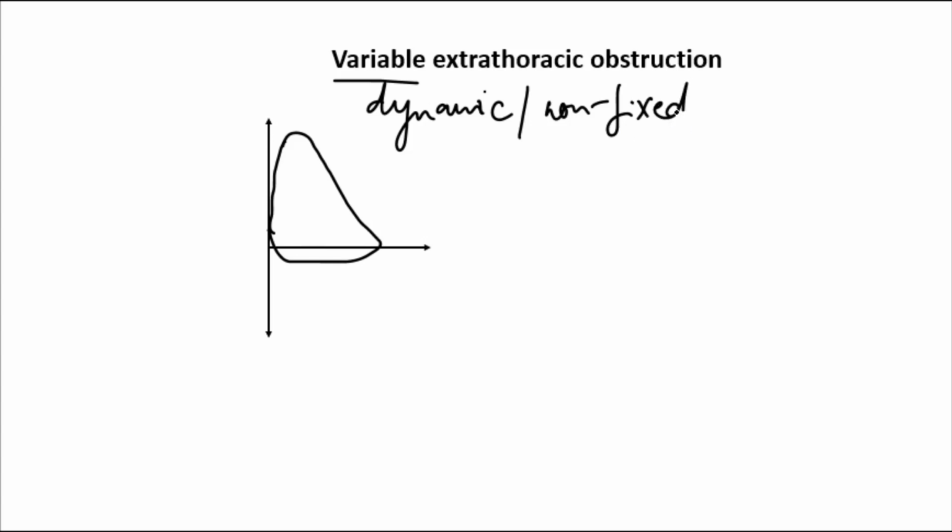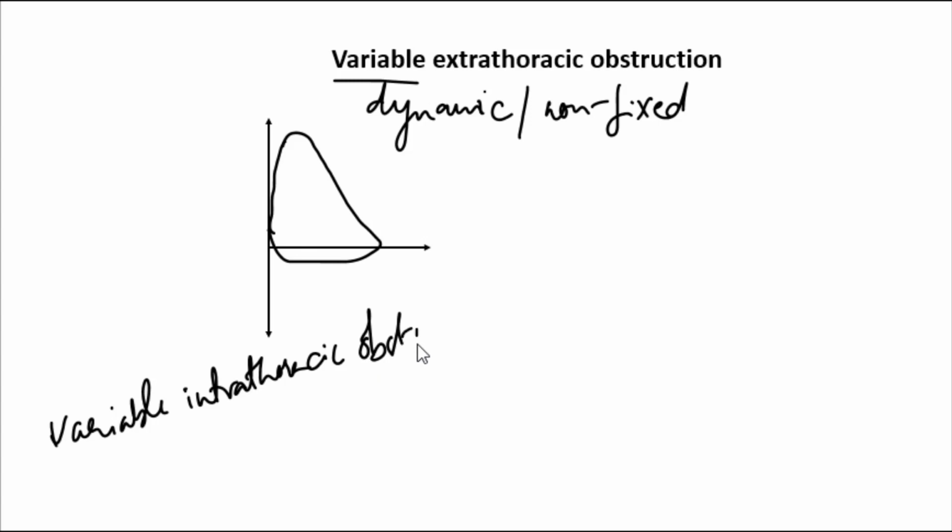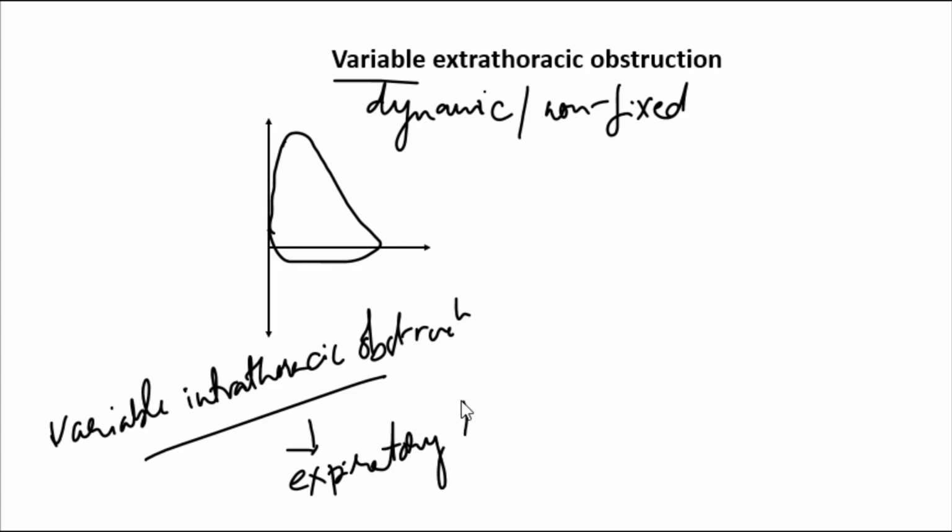We had already seen that in variable intrathoracic obstruction, there is a problem in expiratory loop. But in case of variable extrathoracic obstruction, there is a problem in inspiratory loop.